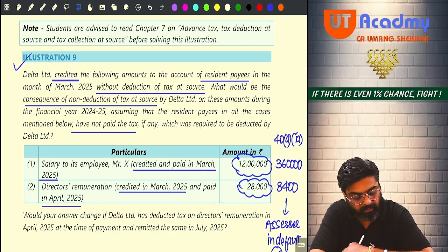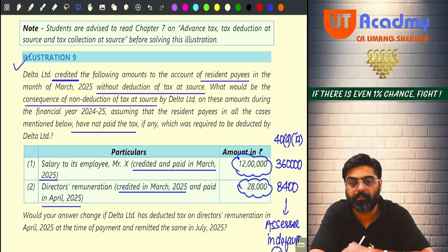Assuming that the resident payees in all the cases mentioned below have not paid the tax, if any, which was required to be deducted by Delta Limited. Salary to its employee, Mr. X, credited and paid in the month of March 2025, it is 12 lakh rupees. Director's remuneration credited in March 25 and paid in April 25.